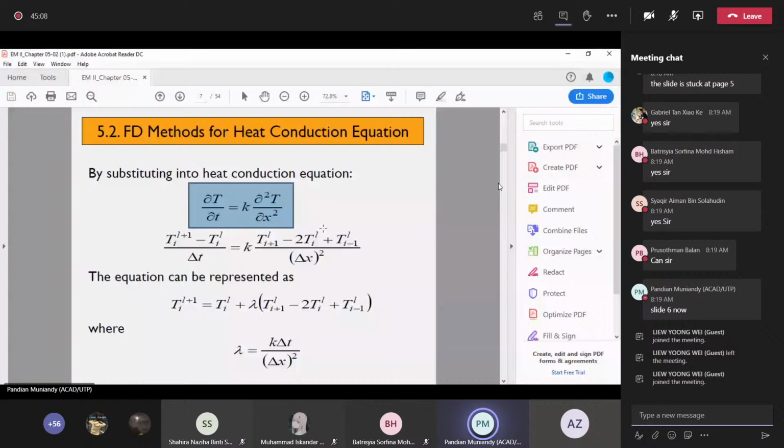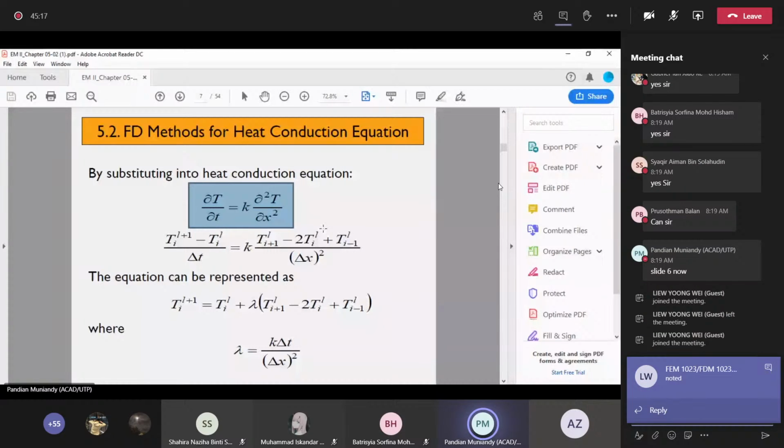But we are solving this very famous heat conduction equation using a numerical method. So now you substitute del T over del t equals T superscript L plus 1 subscript I minus T superscript L subscript I divided by del t. This is what we call substituting.